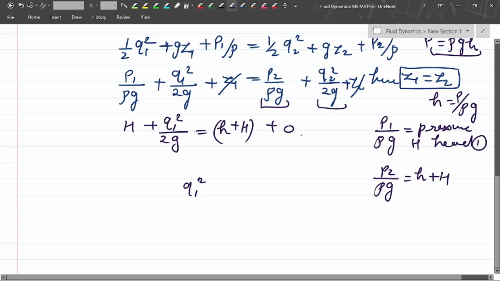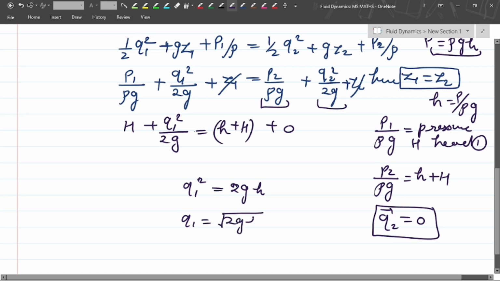Here this term will be 0, because at point 2 the velocity will become 0. That is the principle of the Pitot tube, that q1 square is equal to 2gH. It is nothing but q1 is root 2gH.